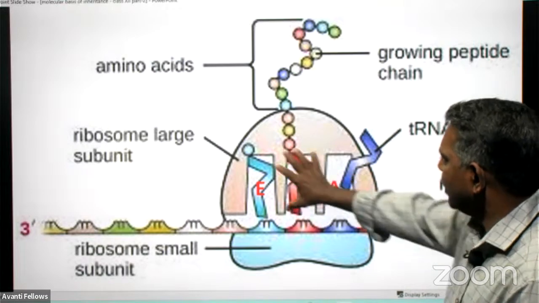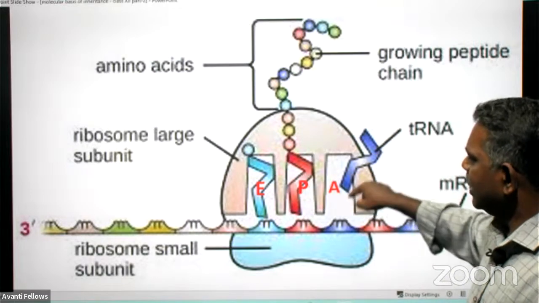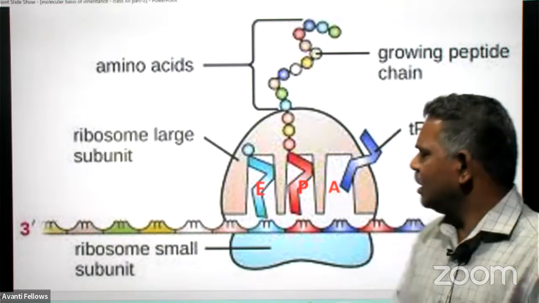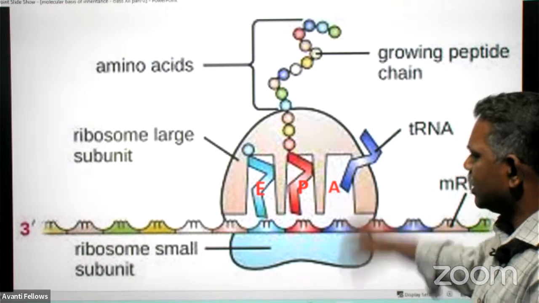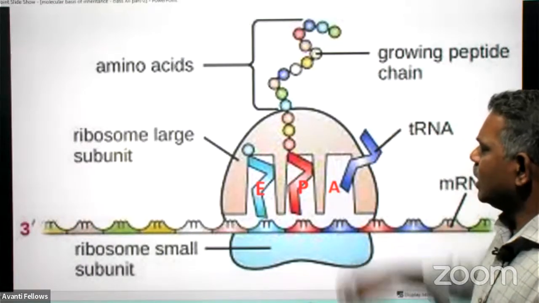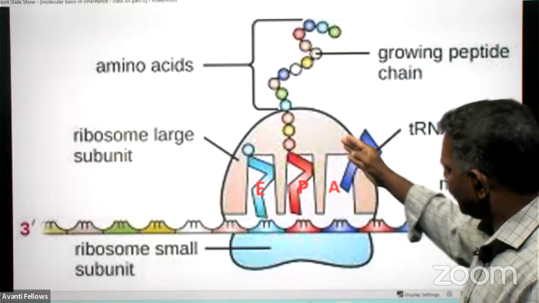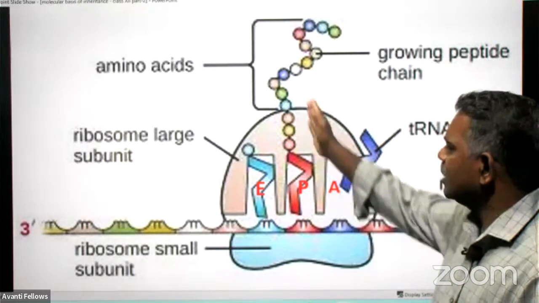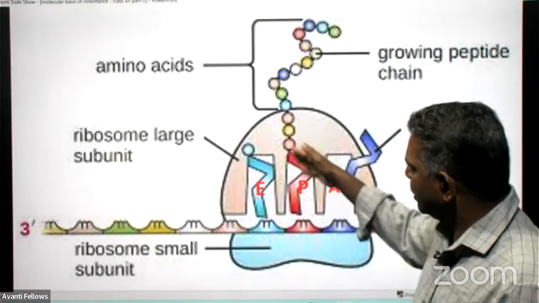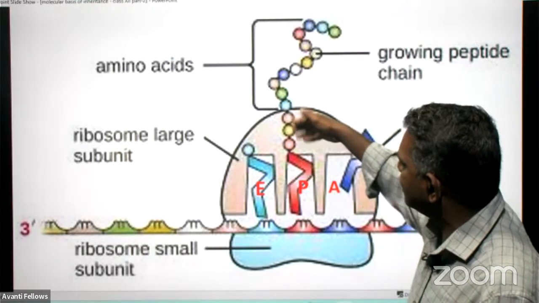So all the time, whenever the ribosome moves, the A site is getting vacant. Whenever it is vacant, naturally, according to the triplet codon given in the mRNA, tRNA will place what? New amino acid. And whenever it moves from the A site, it moves to P site. From P site, tRNA will move to the E site. And after that time, it will connect. In the P site itself, what happened?